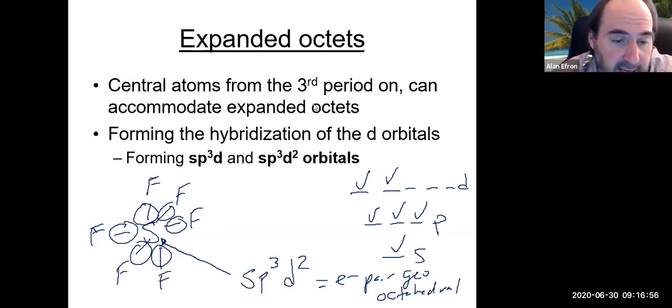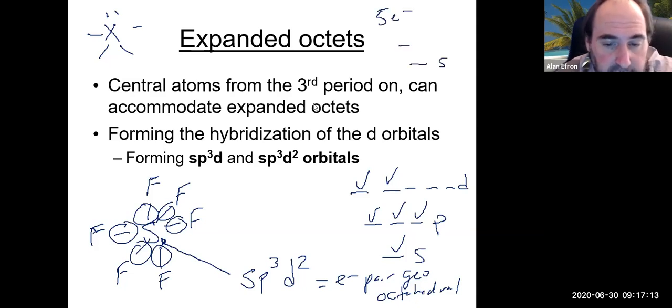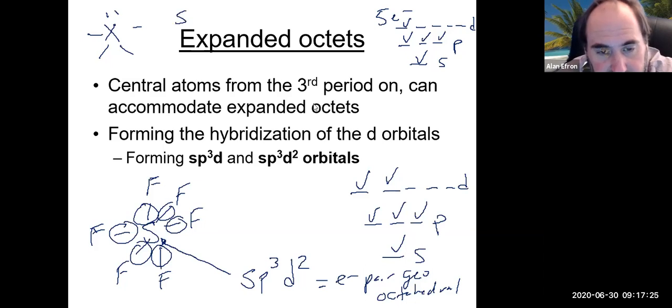Which means the one that we kind of skipped over was if we had, say, something like this. In this one, electron pairs: 1, 2, 3, 4, 5 electron pairs. And again, if we did 5 electron pairs, 1, 2, 3, 4, and 5, in that case I did an S, 3 Ps, and just 1 D. And that would be the hybridization here, sp3d.